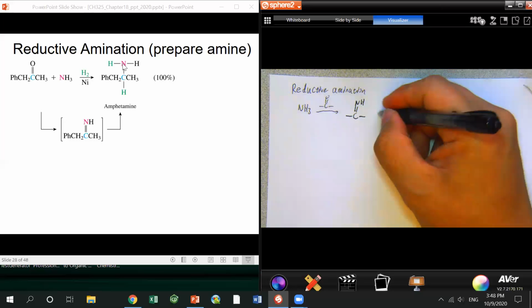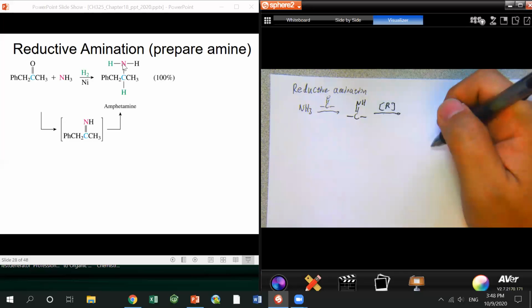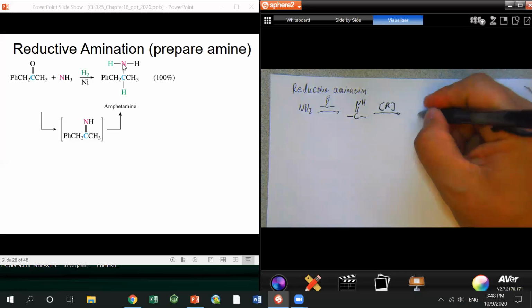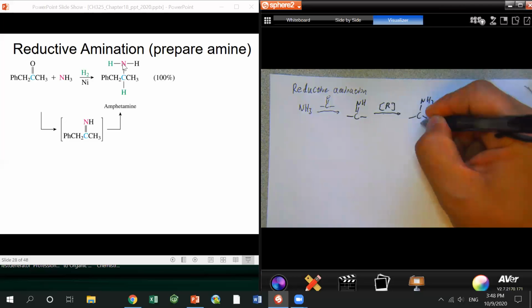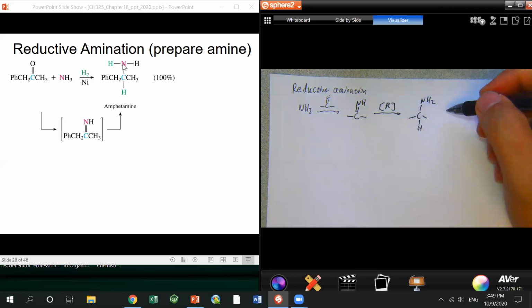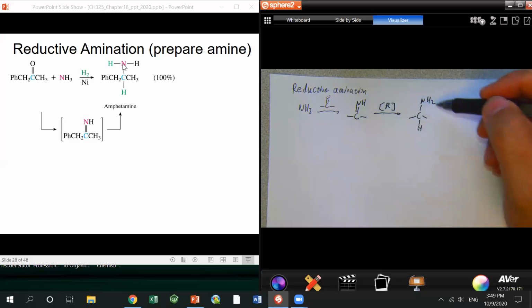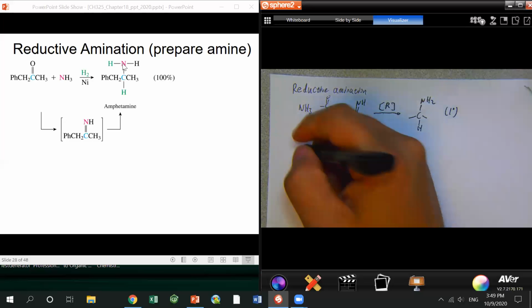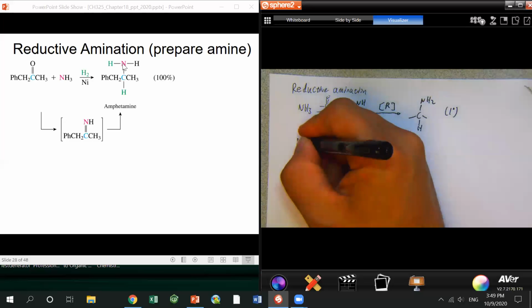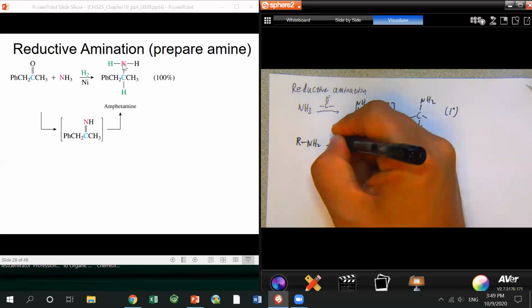But if you add the reduction reagent in the same pot, eventually you get a secondary amine. Pretty much the carbon picks up one hydrogen and the nitrogen picks up another hydrogen. If you start with a primary amine, you do the same reaction.